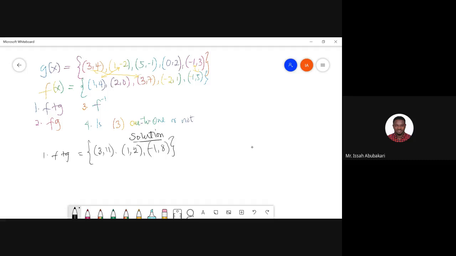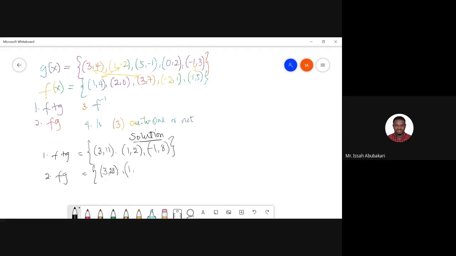So question 2 says f times g. And we are going to have the same thing because they have the same domain. So we are going to have 3 and we have 7 times 4. 7 times 4, and we're going to get 28. And then we have this domain to be 1.